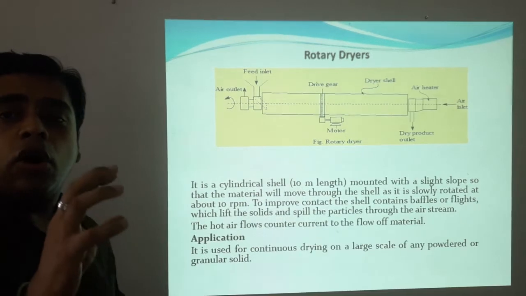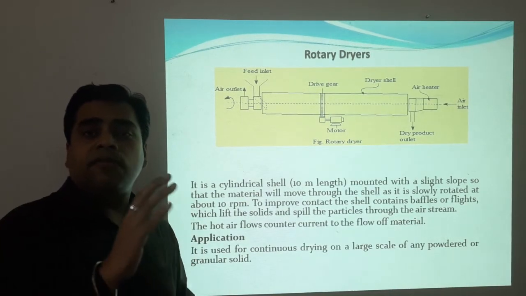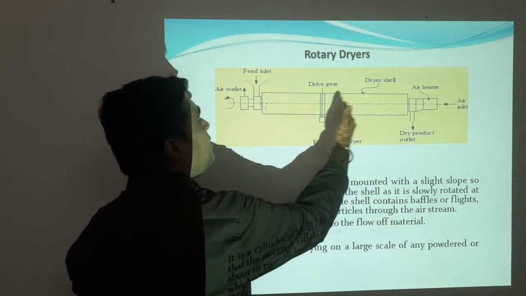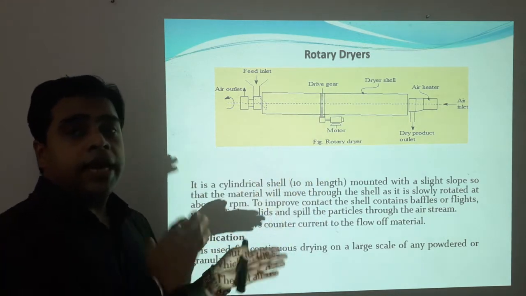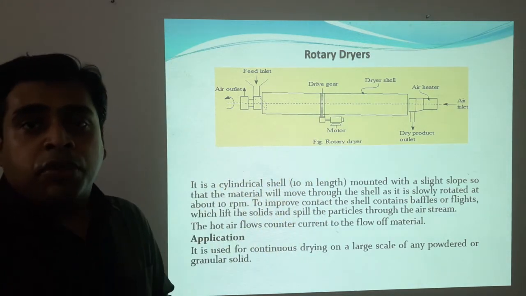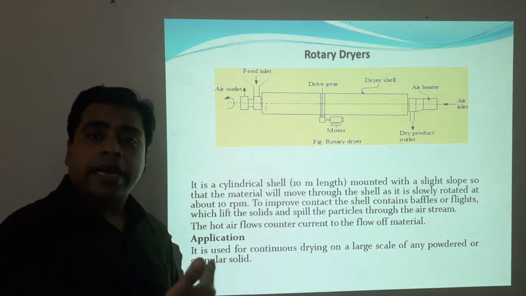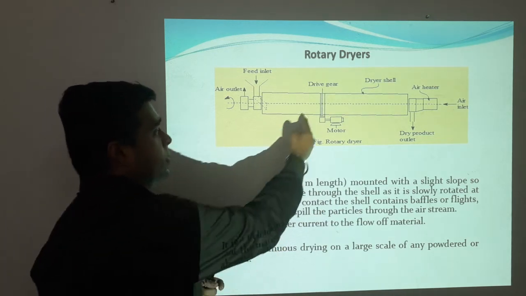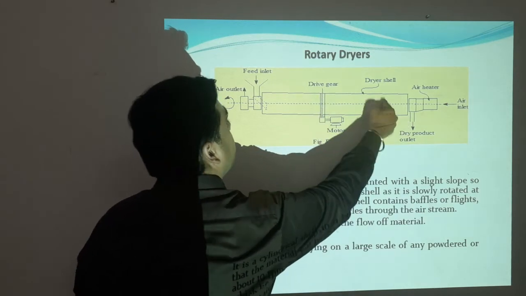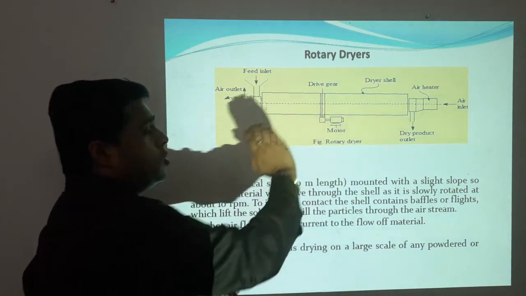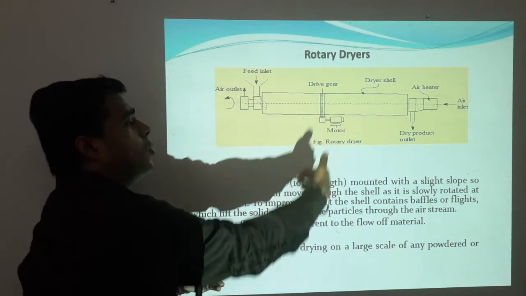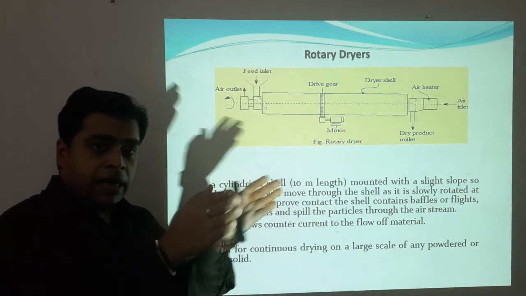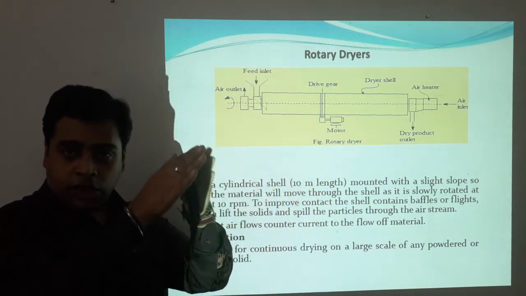Next, to improve the contact, the shell contains baffles or flights, so that the contact area is improved, which lift the solids and spill the particles through the air stream. The presence of baffles or partitions in this cylinder ensures that when it is rotated, the solids are distributed well.